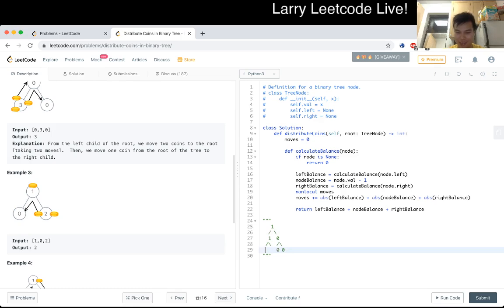Let's say it's just 2 and 2, right? Is that enough? No, I need 1, 3 here. And then the balance at this node would actually be, so this gives me a 2, this gives me a 1. So this will give me a 3 on this node plus the current one. So this is the balance, and then you keep going up with the 3. I think that's right, maybe.